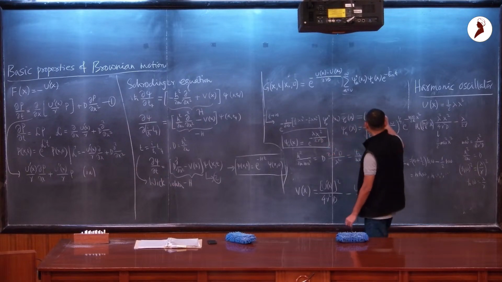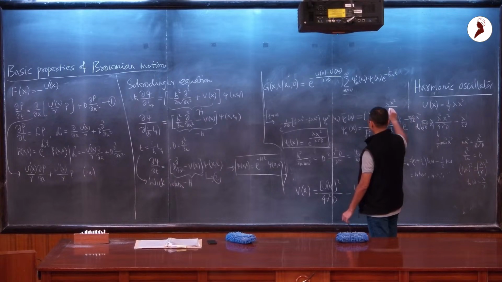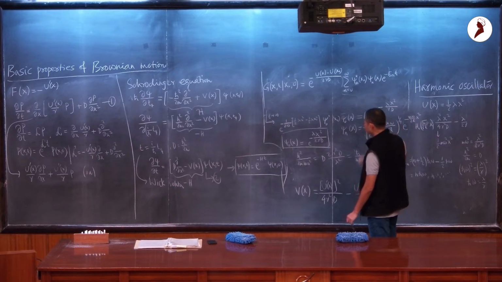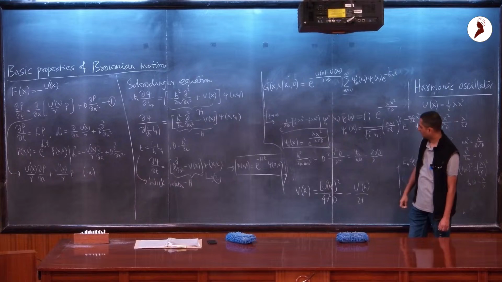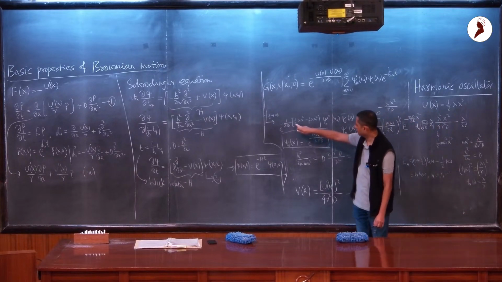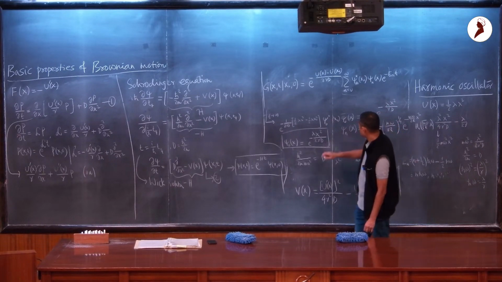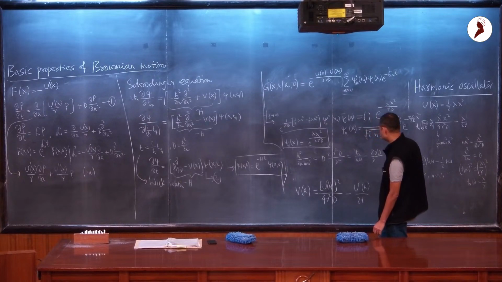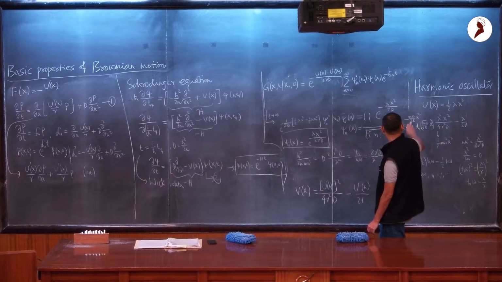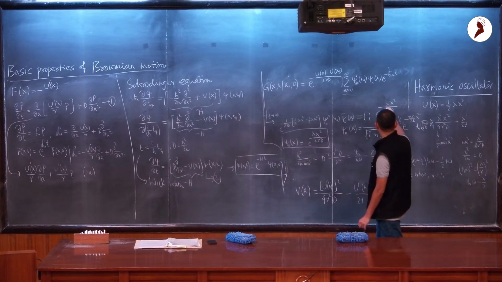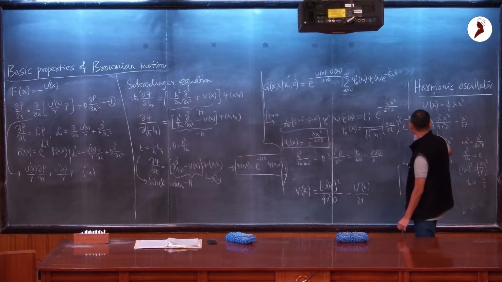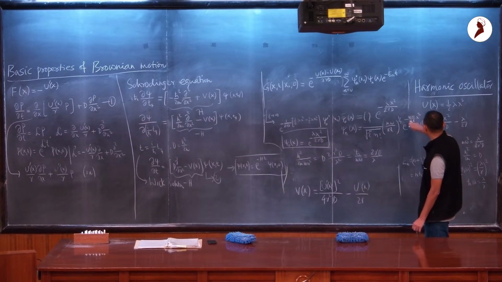Right? So this gives me exponential of minus λx² by γD, because of this half and that half. Sorry, did I do something wrong?